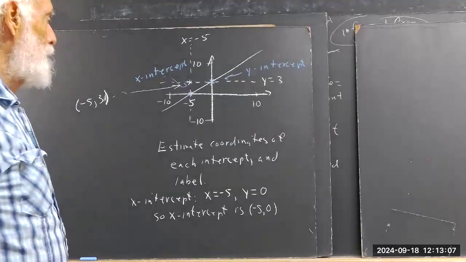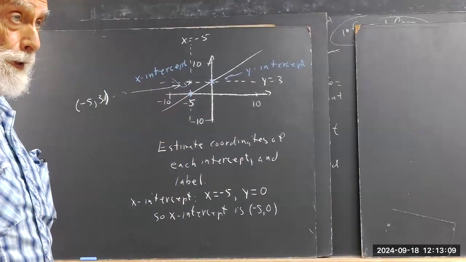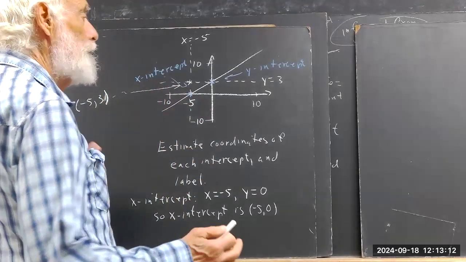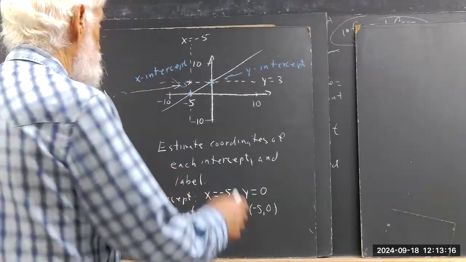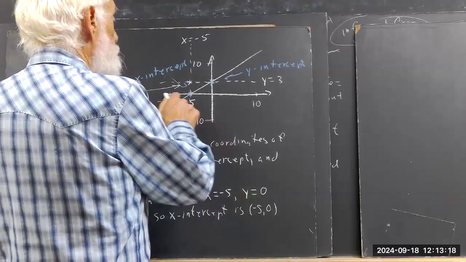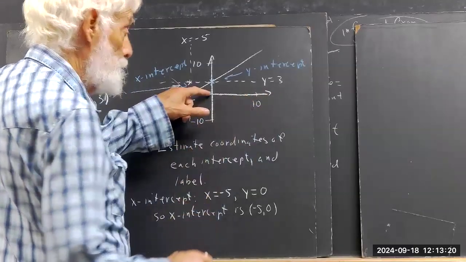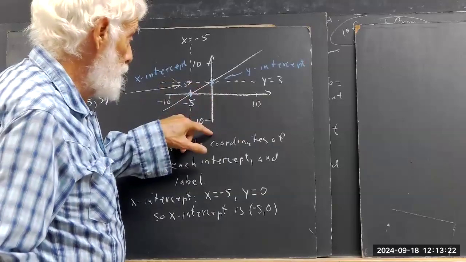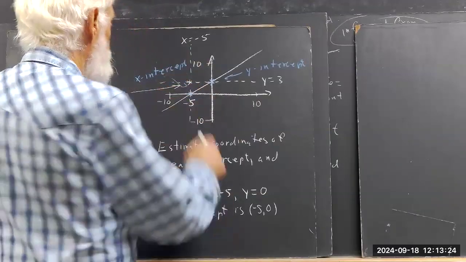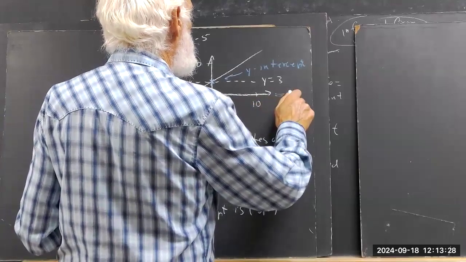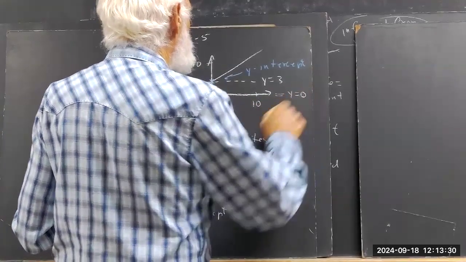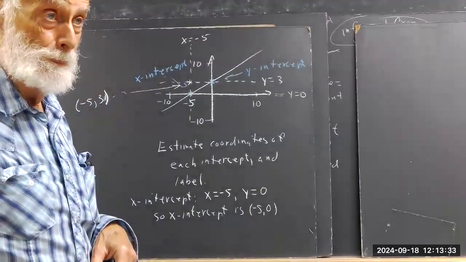-5, 0. Now, it would be helpful if you understood then, where's the line y equals 0? Well, y is 0 everywhere on the x-axis, because that's what the y coordinate would be, right? 0. -10's here, 10's here, 0's here. So the x-axis itself is y equals 0.